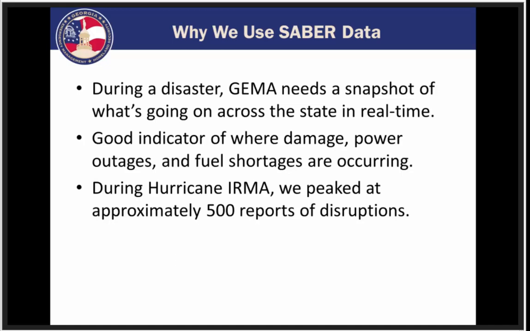SABER data is a good indicator of where damage, power outages, and fuel shortages are occurring. So as Jim was saying earlier, when we're seeing the no card activity, that's a good indicator that that business is closed and there's nothing going on there at the time. Fuel shortages are a good thing to know, especially with evacuations from Florida.